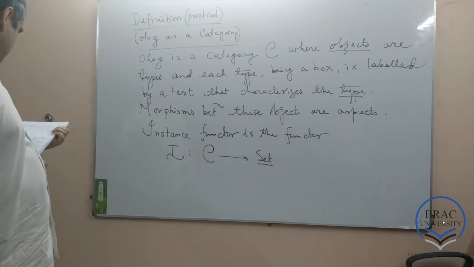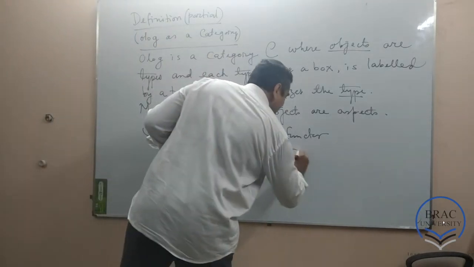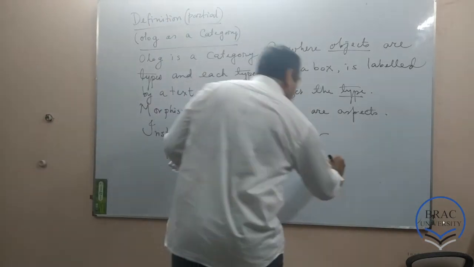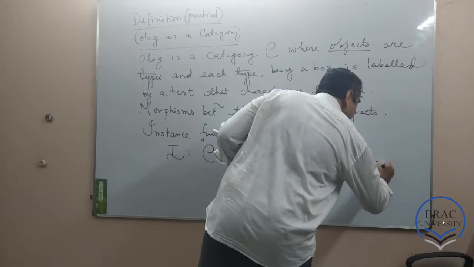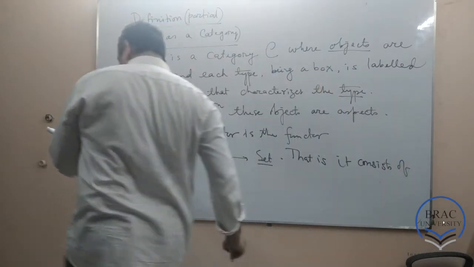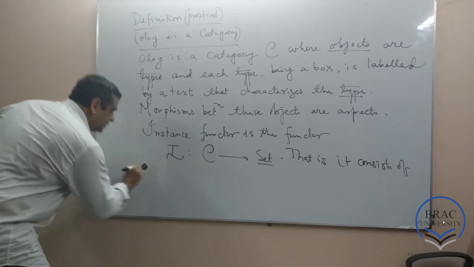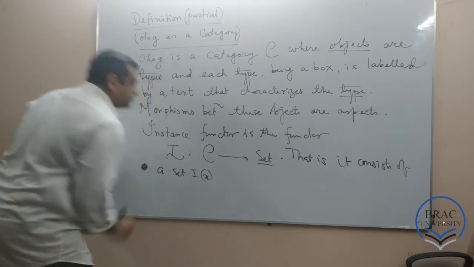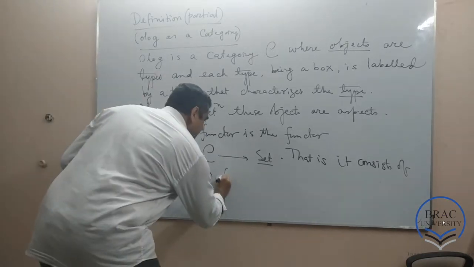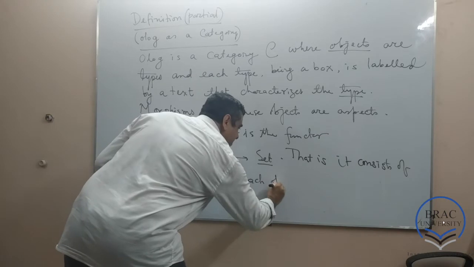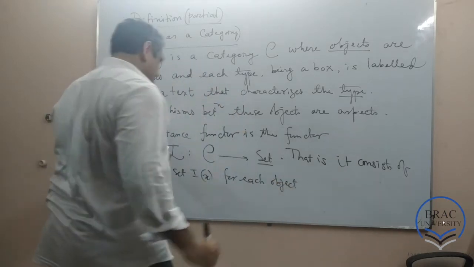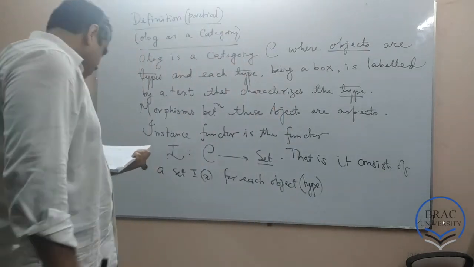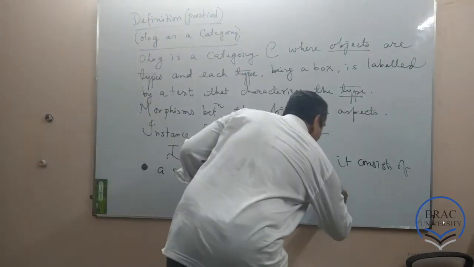Okay. That is, it consists of a set Ix for each object, of course, which is a type, X in the category C.